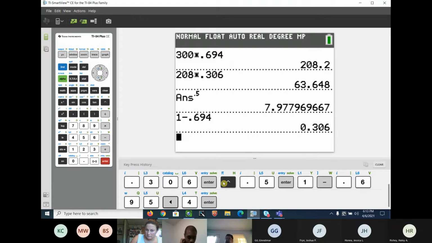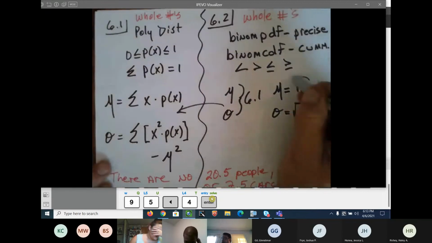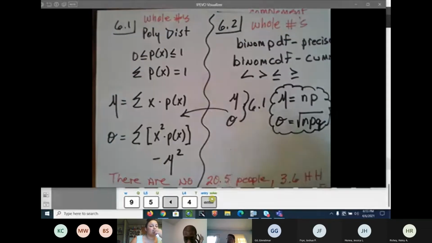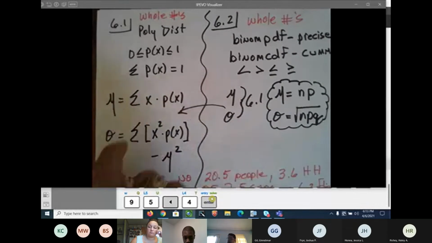So in 6.2, that's what we're going to be using. So I take N times P and I plug it in, because these are what?